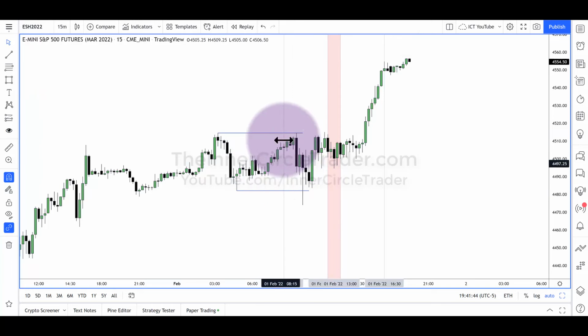So prior to 8:30, in other words, to the left of that, on a 15-minute time frame, what's the most significant or obvious swing high and swing low? Swing high is this. It's a candle with a lower high to the left of it and a lower high to the right of it. 3-candle pattern. Okay. It does not matter if the candles are up or down closes. You're just looking for a swing high, because above that's going to be buy side liquidity or buy stops, and a swing low prior to 8:30.